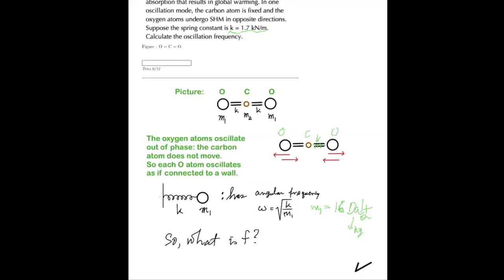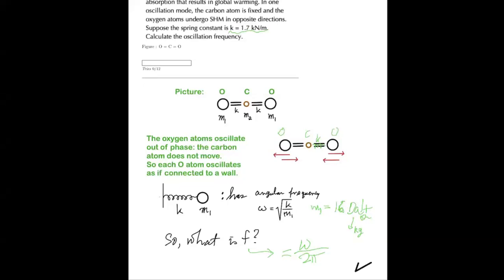Now what it asks is, what's the frequency? Well, omega is the angular frequency. So what's f? f is the angular frequency, which is radians per second, divided by 2 pi radians, because one cycle is 2 pi radians.